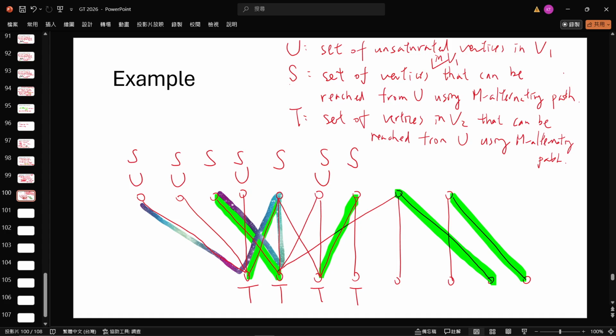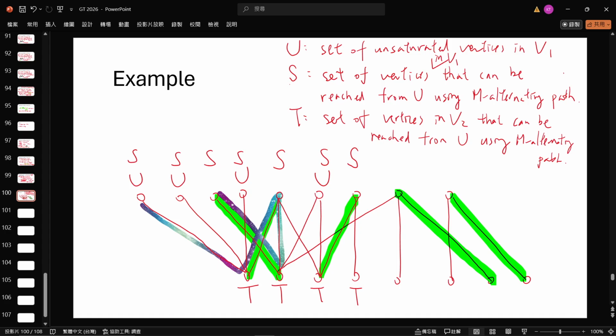I'm going to give you an algorithm to construct S and T. But the goal is that we want to construct S and T such that we know which vertices in V1 are reachable from U, and which vertices in V2 are reachable from U, okay?